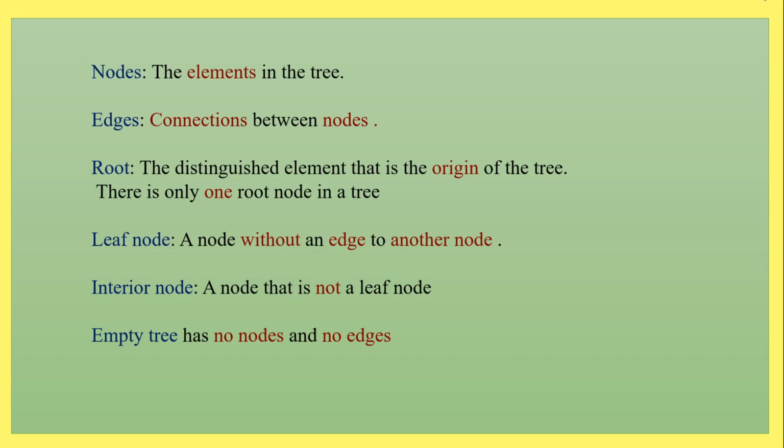A node that is not a leaf node. It means that the node is connected to another node. Then these nodes are called interior nodes. Empty tree. Empty tree has no nodes and no edges.